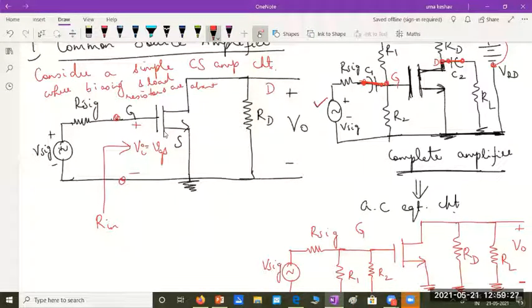So I have to find its input resistance Rin, its output resistance Rout, and the voltage gains AV, AV dash and GV. All the three we should find.